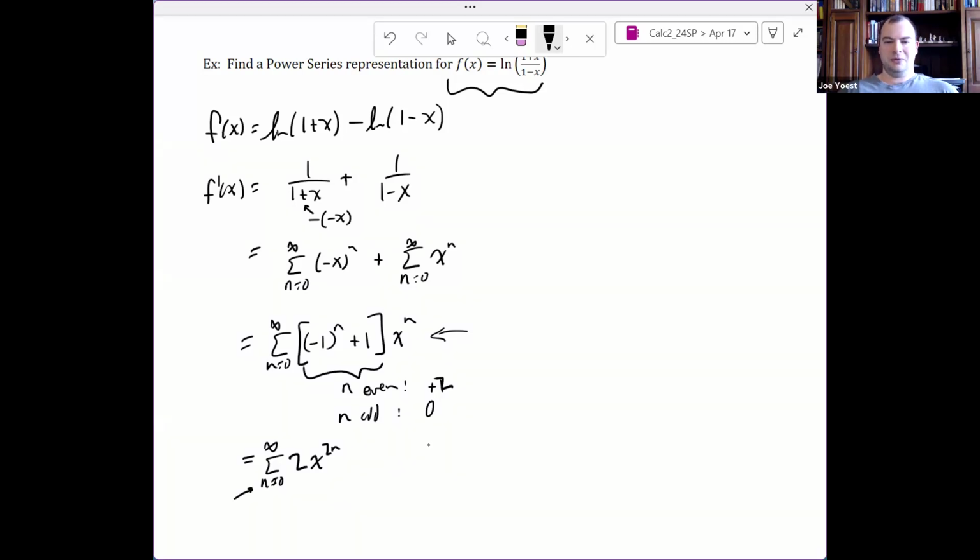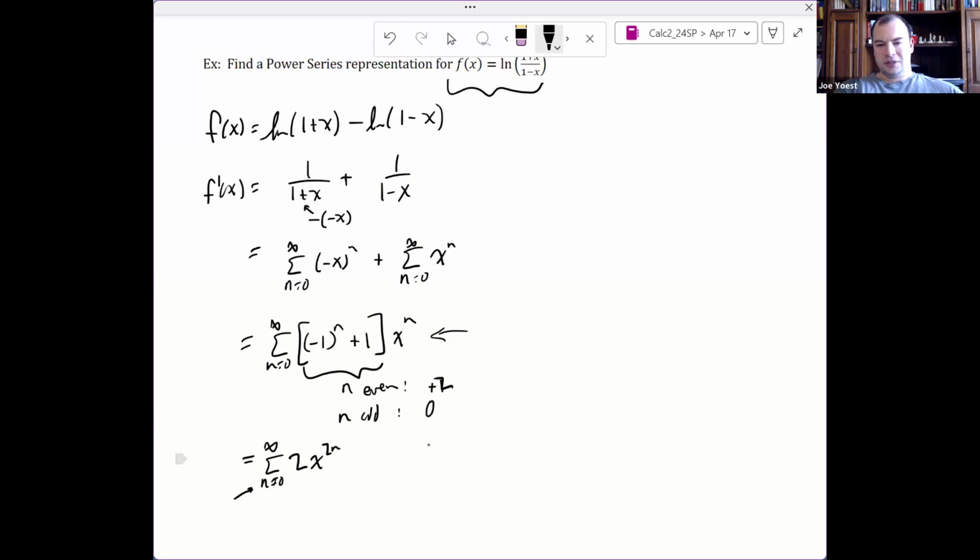Rewriting it this way, when n equals 0, I get 2 x to the 0, just 2. When n equals 1, I get 2x to the second power. When n equals 2, I get 2x to the fourth power, and so on. So I've just re-indexed here a bit.